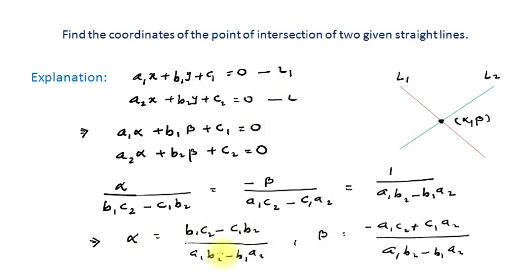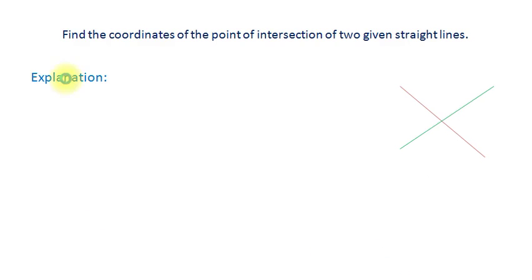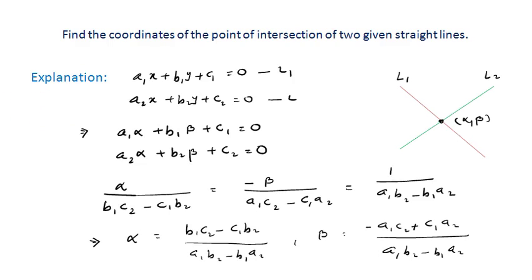Now see here what happens if the denominator of alpha and the denominator of beta is 0. It means that a1 b2 minus b1 a2 is equal to 0.